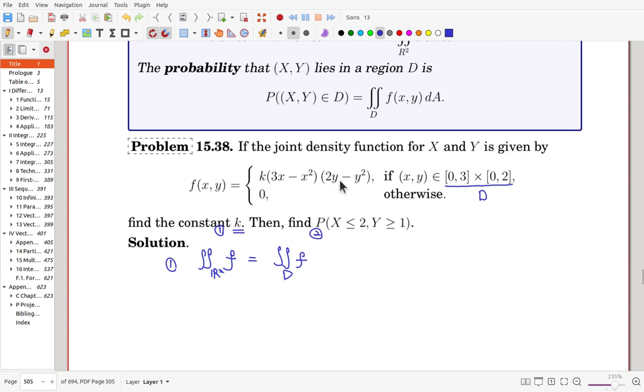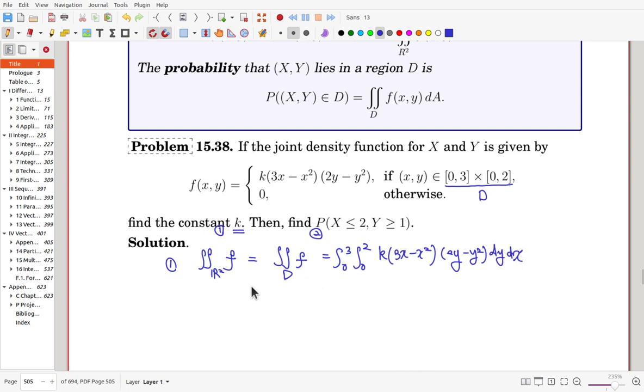Now for this one, we can get it quite easily. The given density function is separable, and that is a rectangle. So we can get the integral separately. So that is x direction from 0 to 3. Let's write first the double integral from 0 to 2 of k times 3x minus x squared, times 2y minus y squared, dy and dx.